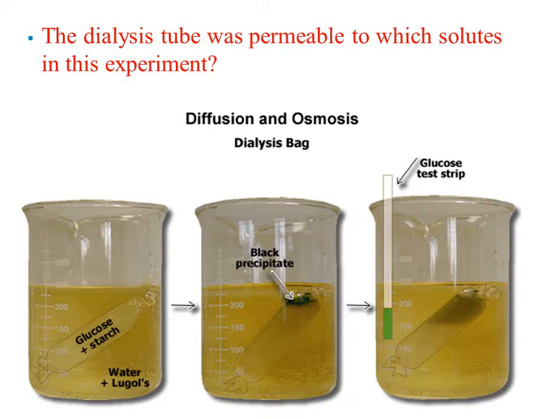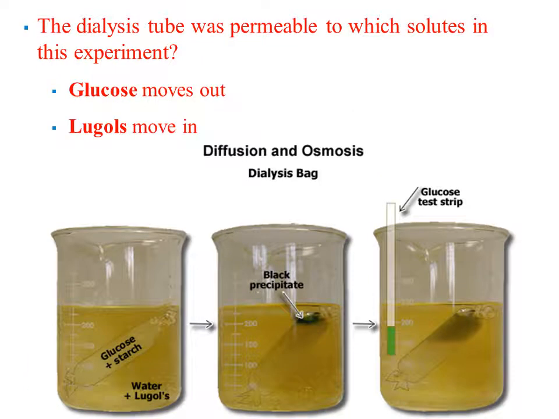This test strip is placed in the water. Glucose is detected outside of the bag. Therefore, glucose that was inside the bag diffused out of the bag. So those are two molecules that diffused. Iodine moved in and glucose moved out. So here's the answer. Glucose moved out and Lugol solution moved in.